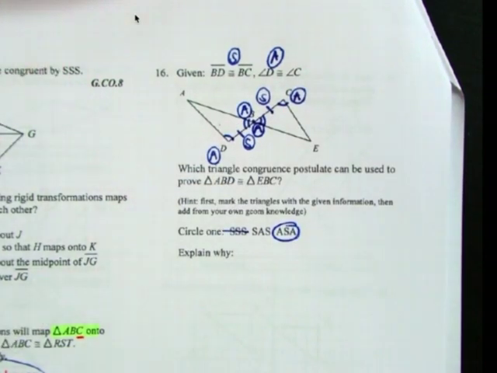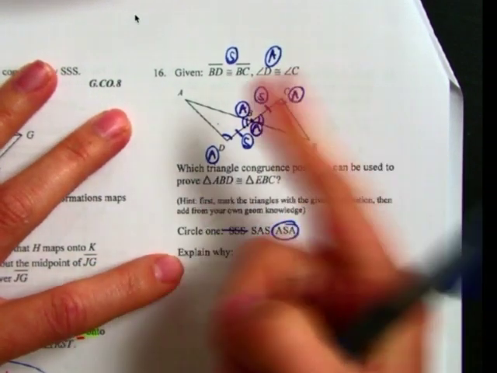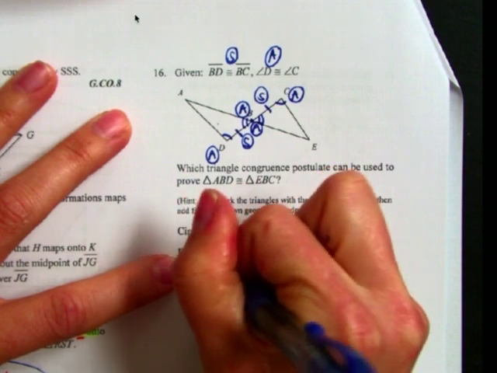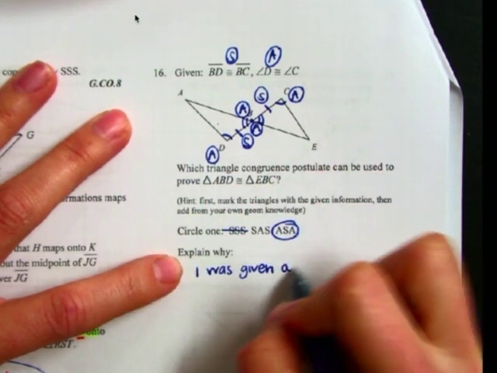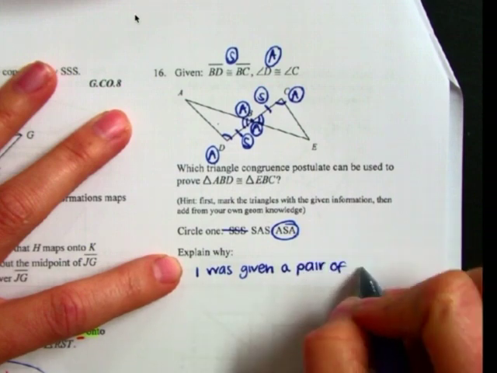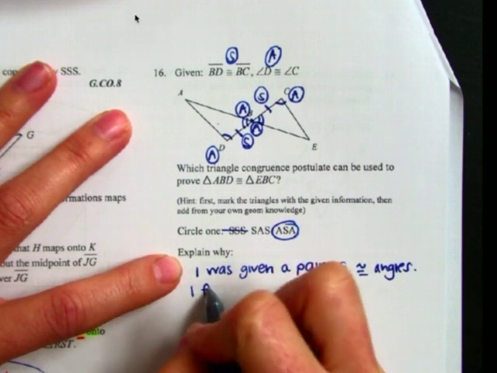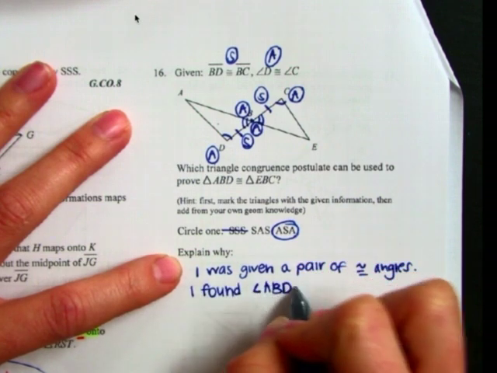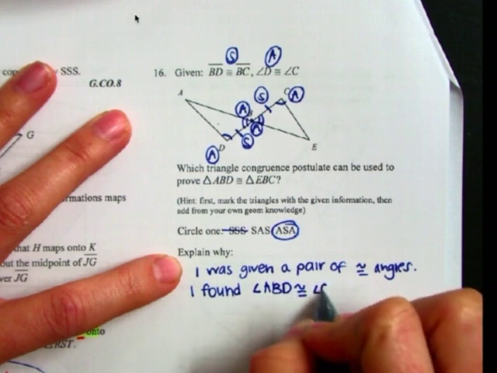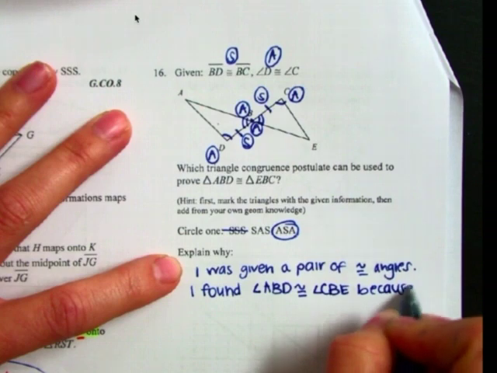To give a little explanation, I'm going to show on here that I was given a pair of congruent angles. I found that angle ABD is congruent to angle CBE because vertical angles are congruent.